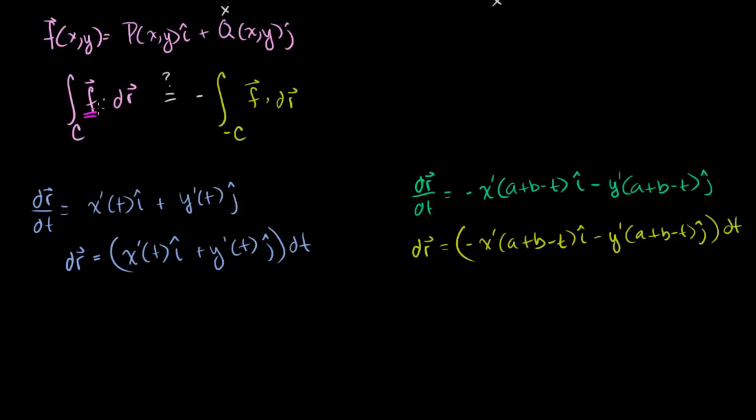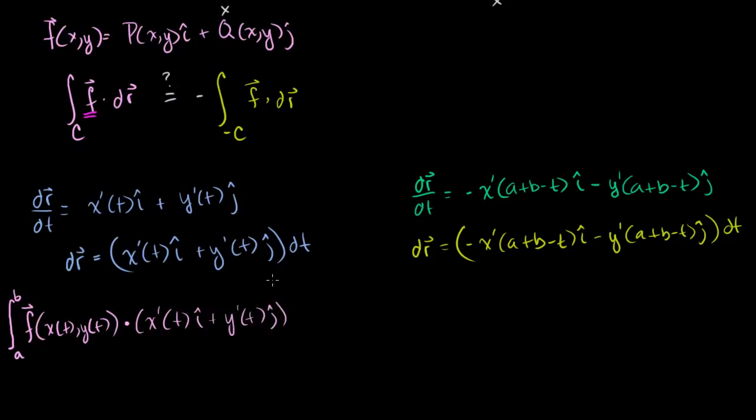Now we're ready to express this as a function of t. So this curve right here, I'll do it in pink. The pink one is going to be equal to the integral from t equals a to t equals b of f of x of t, y of t, dot this thing over here, which I'll just write out, I could simplify it later, x prime of t i plus y prime of t j.